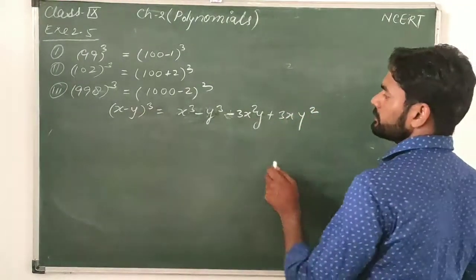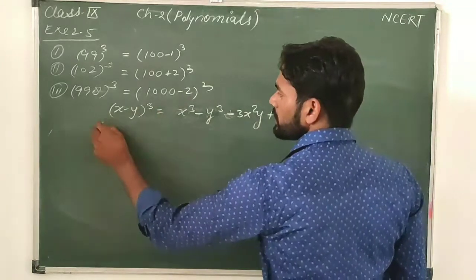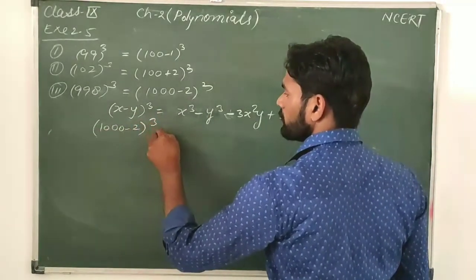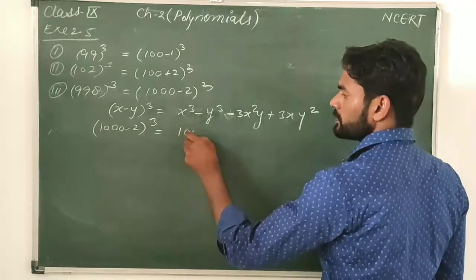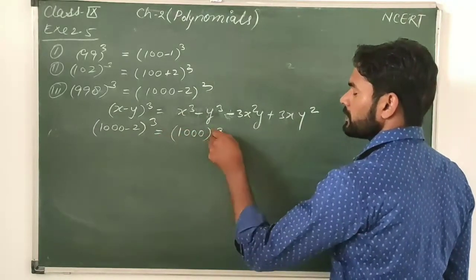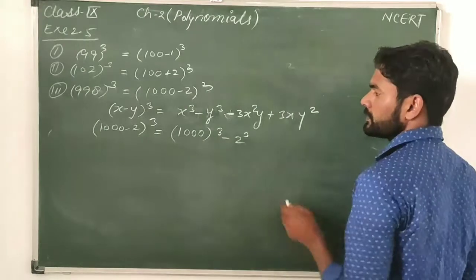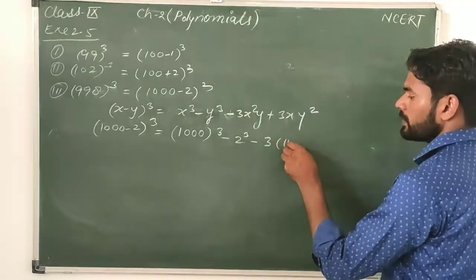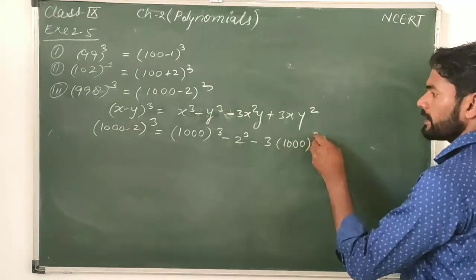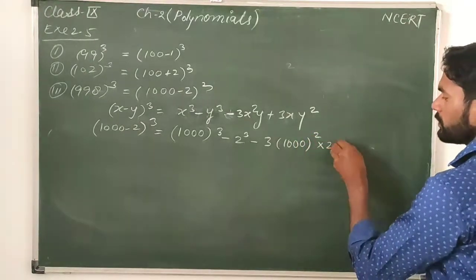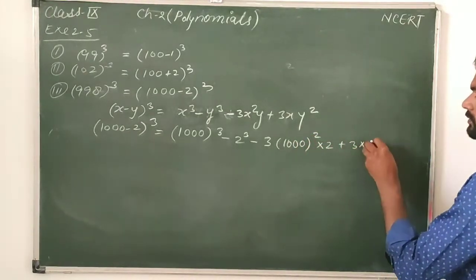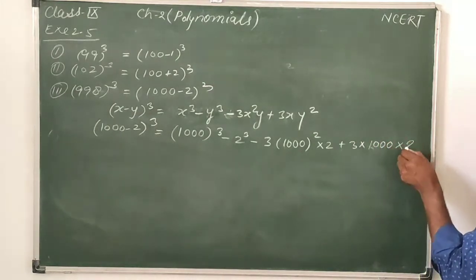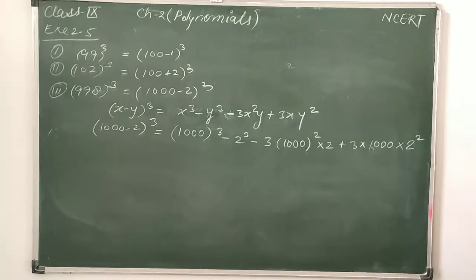Now open this: (1000 minus 2) whole cube, 1000 cube minus 2 cube minus 3 into 1000 square into 2 plus 3 into 1000 into 2 square.